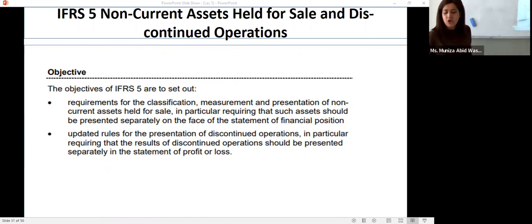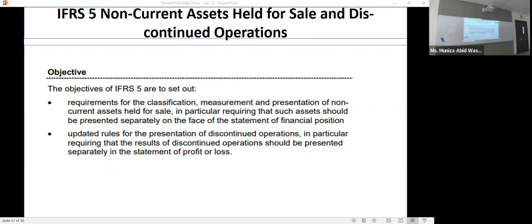So they say the objectives of IFRS 5 are to set out requirements for the classification, measurement, and presentation of non-current assets held for sale, in particular requiring that such assets should be presented separately on the face of the SOFP. So once the assets fulfill the criteria of held for sale assets, they have to be presented separately on the face of the statement of financial position.